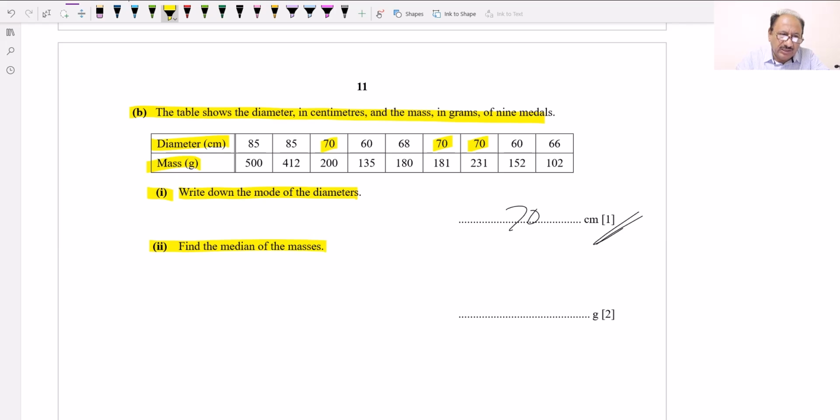Find the median of the masses. So for the median of the masses, we need to arrange these masses in ascending order or descending order. So I'm arranging in ascending order.